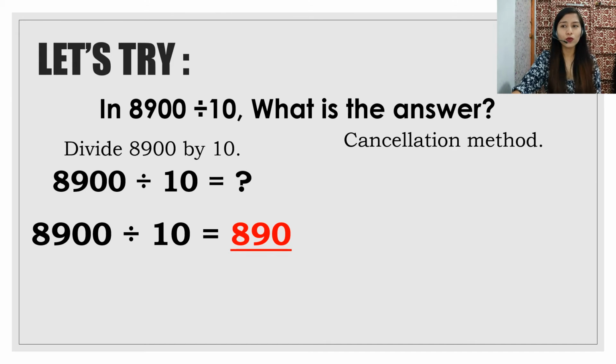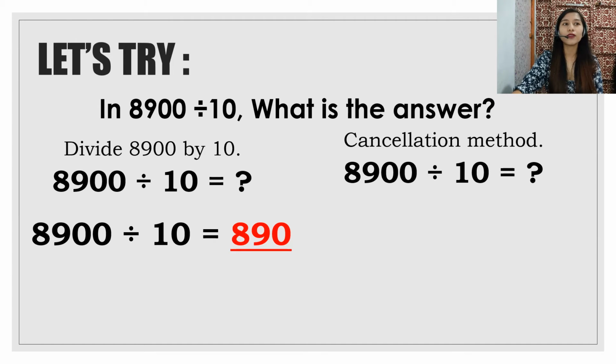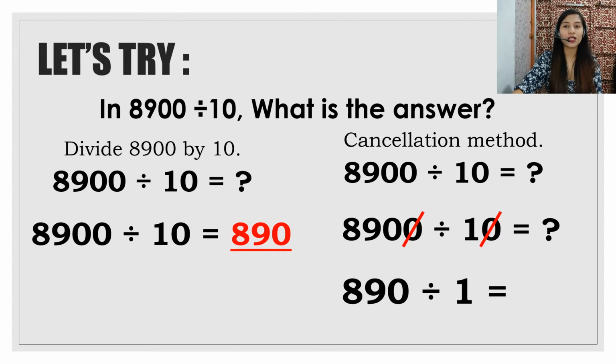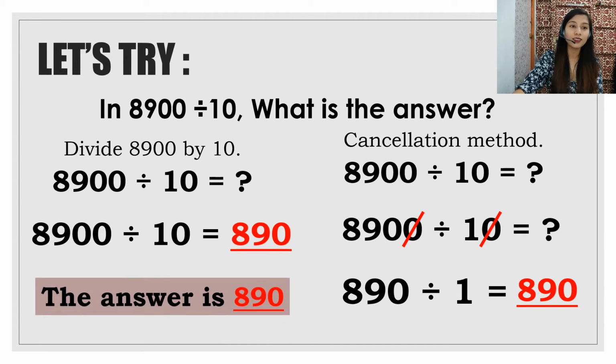We could also use the cancellation method: 8,900 divided by 10, just cancel out the 0 in 10 and one 0 in 8,900. So we come up with 890 divided by 1, which is equal to 890. So the answer is 890. Okay, for the last one.